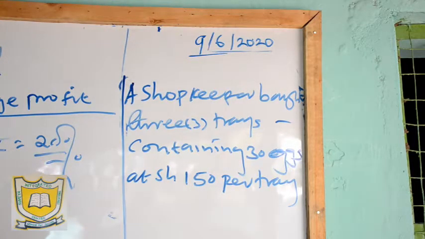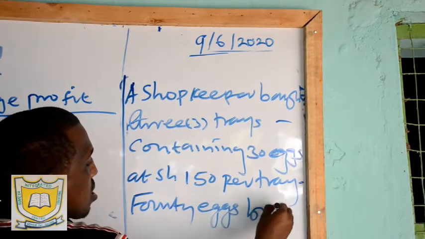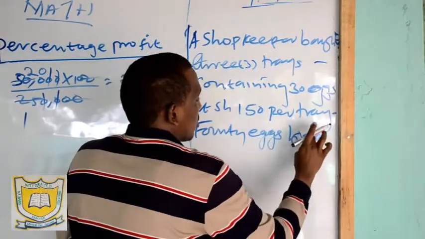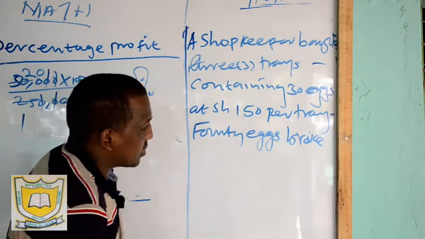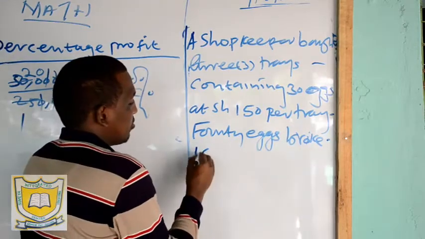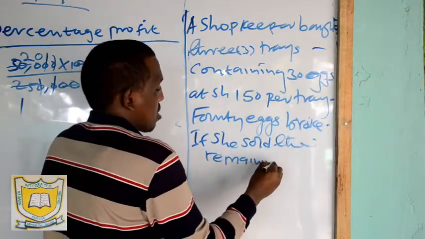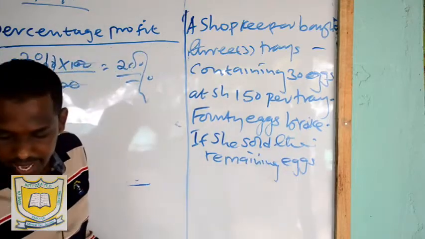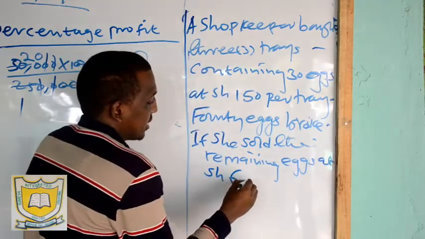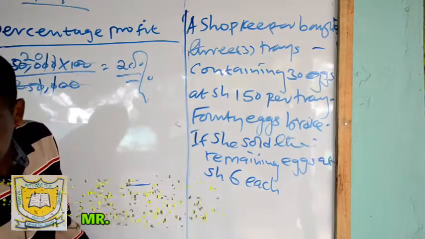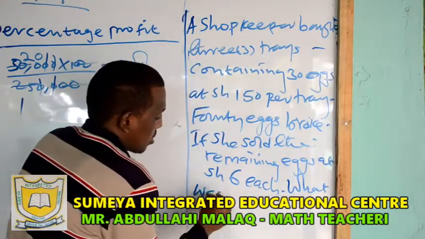Then they said 40 eggs broke. If she sold the remaining eggs at shillings 6 each, then the question is asking: what was the percentage loss?